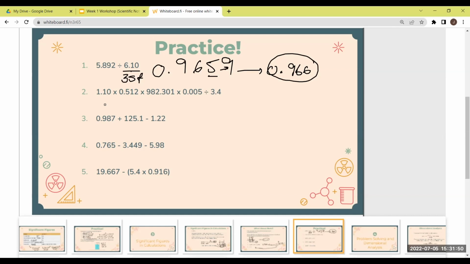The next problem, we have 1.10, so I'm going to put this in the calculator, times 0.512 times 982.301 times 0.005, and then divided by 3.4.